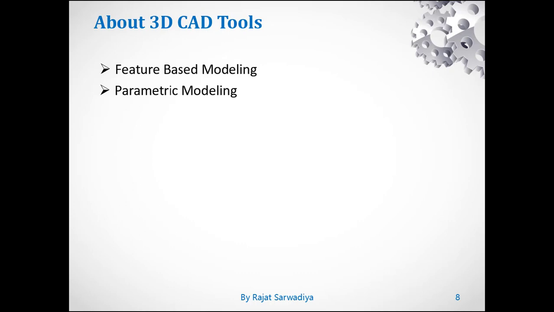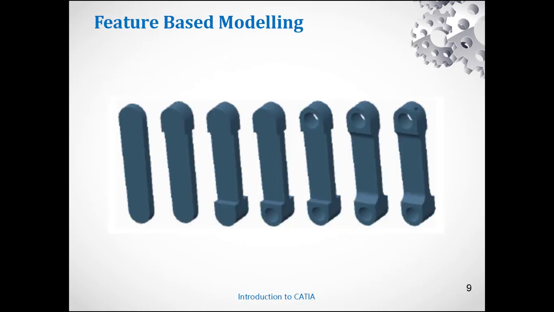So yes, we will be using the parameters, and this parametric modeling will actually make our work very easy. Third thing is associativity features. Every CAD tool actually maintains the associativity feature, or I will say it has a property of maintaining the associativity. About these three things, we will have a detailed discussion, starting with feature based modeling.